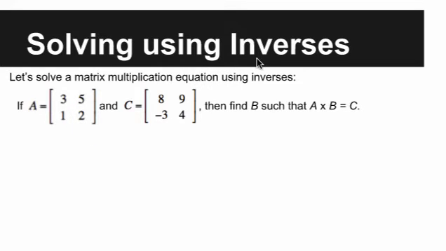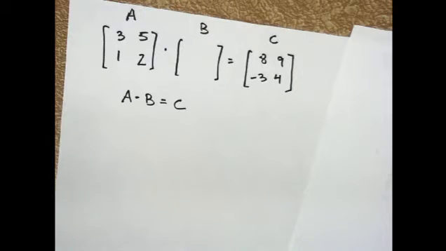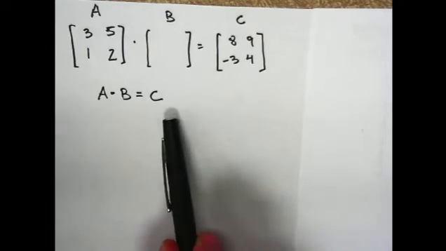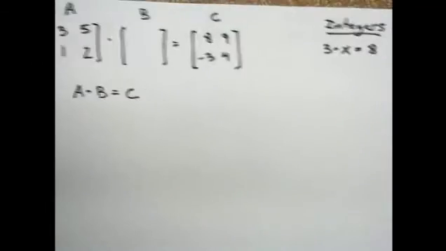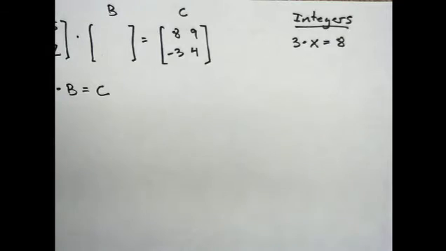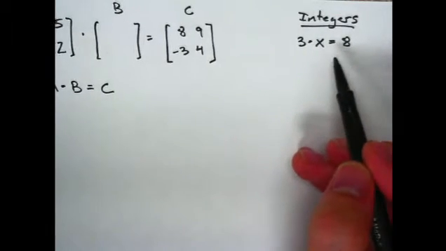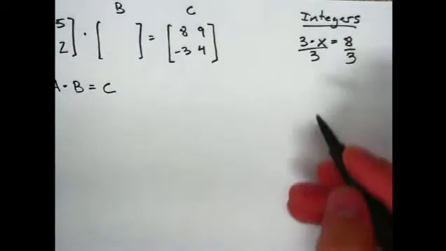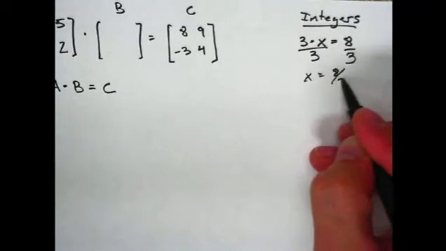Now as we move into a matrix multiplication equation, it's slightly different. We're going to keep those same two matrices, but now we say A times B equals C. When we're working with integers, we would recall doing something like this: if 3 times x equals 8, then you can just divide by 3 on both sides, so x equals 8/3.